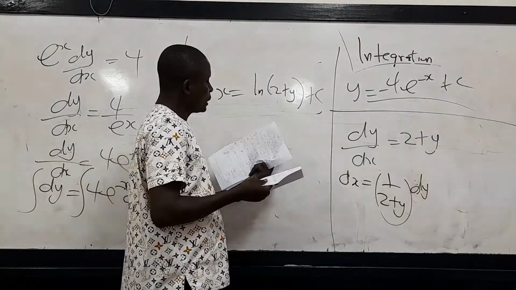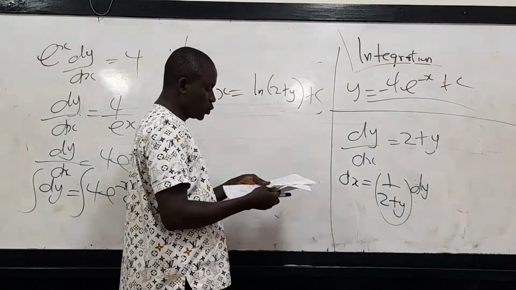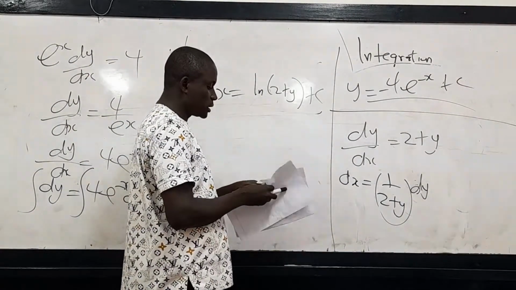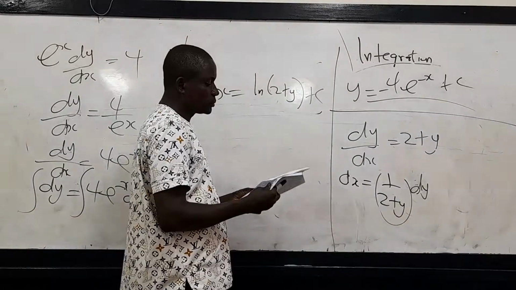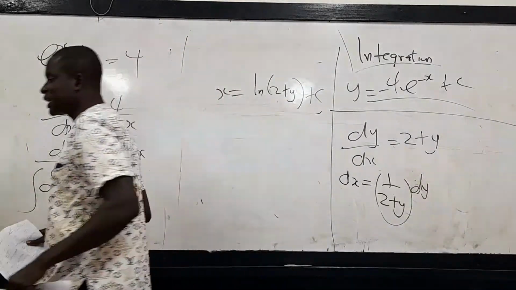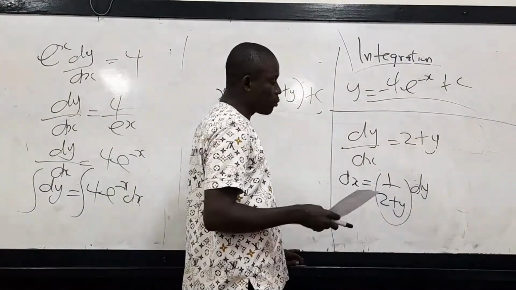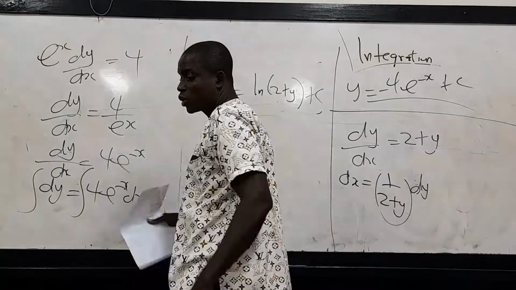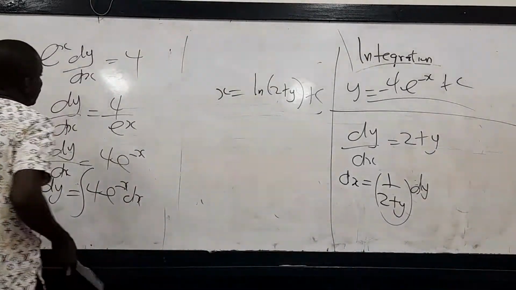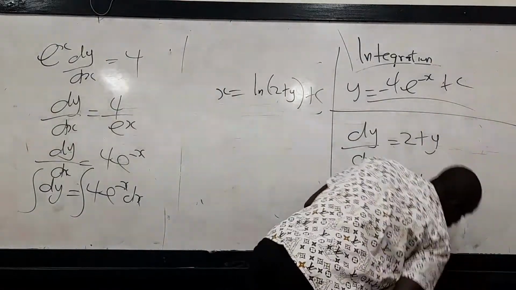So let me see if I'll be able to get a variety of examples for you. But if I'm not getting, then I will move to another aspect. There's an aspect which is called separation of variables, where I'll be working 1 or 2 examples, then we bring our tutorial to a close or to a halt.